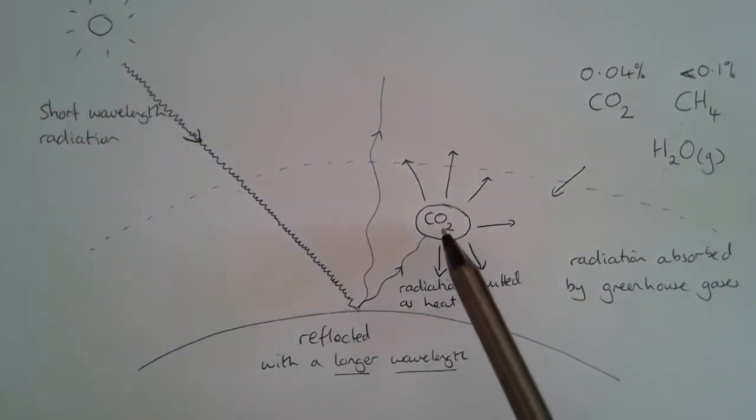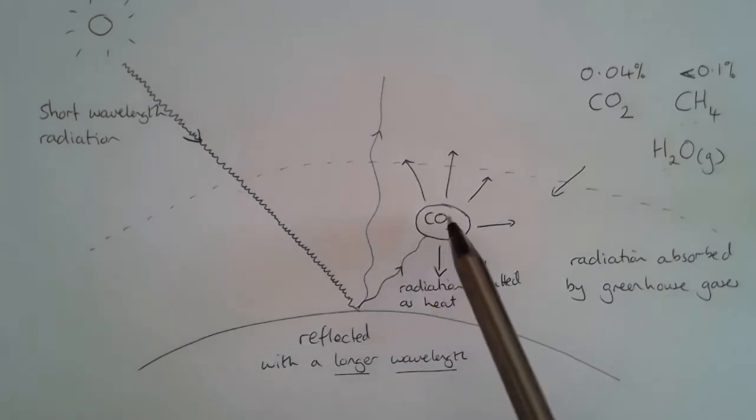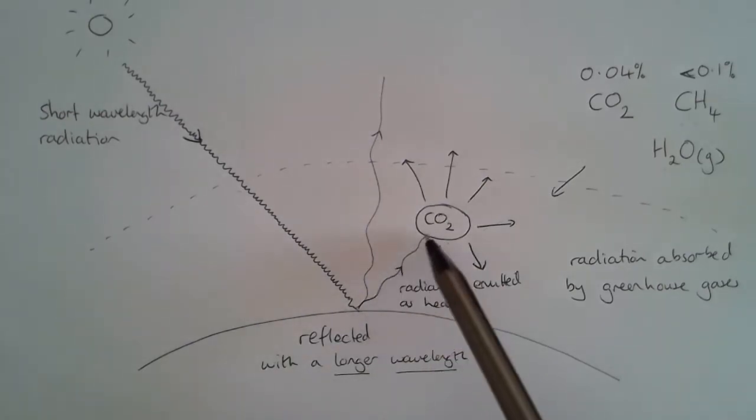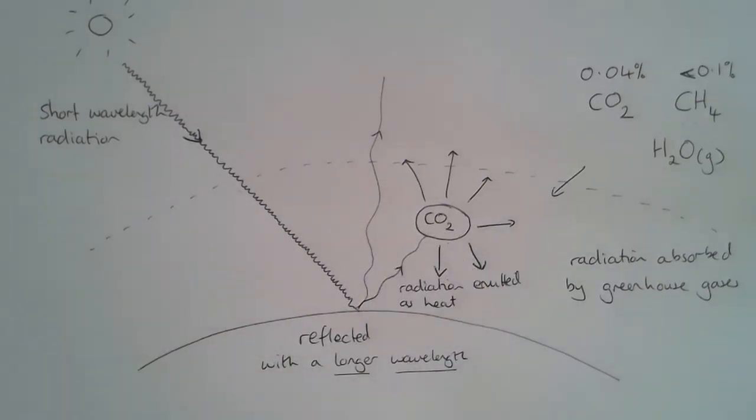What is actually happening here is the radiation is being absorbed by the bonds in the carbon dioxide molecules and the methane molecules, and it causes those bonds to vibrate a little bit more. When they vibrate, that causes more vibration in atmospheric particles and leads to an increase in the temperature.